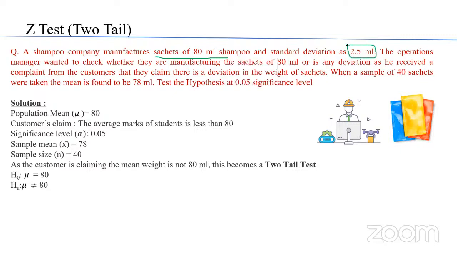This is what they feel their total population is following. Suppose any shampoo sachet is greater than 80 ml, what is the problem, what is the advantage, and who will be at an advantage or disadvantage?